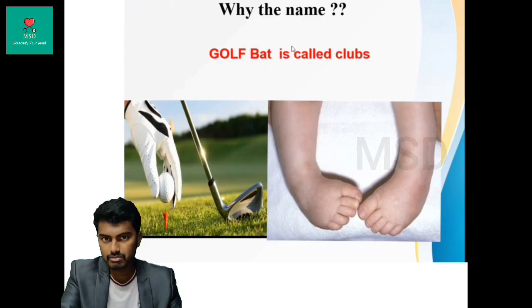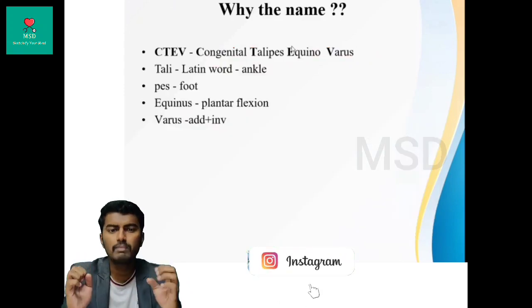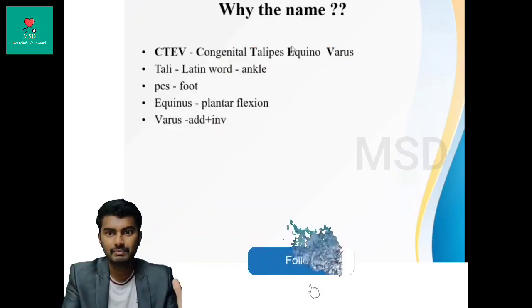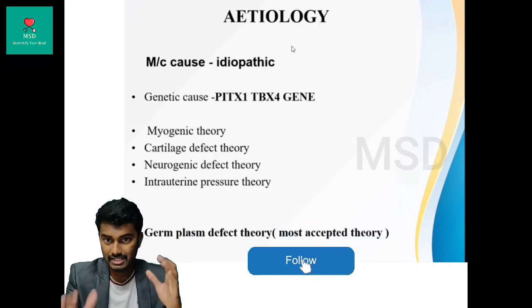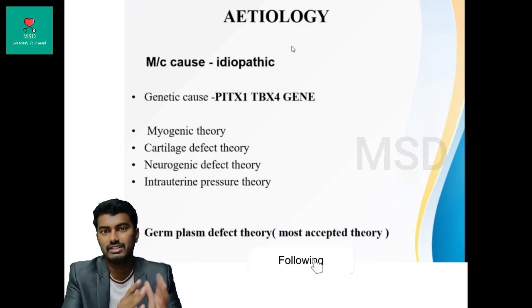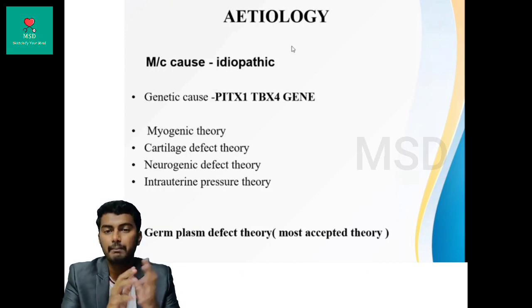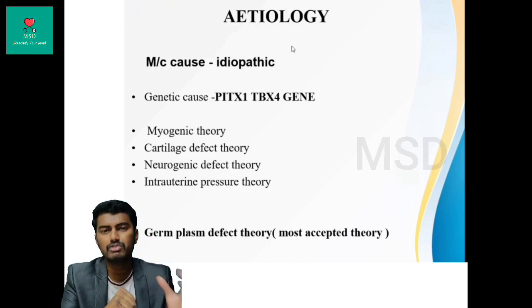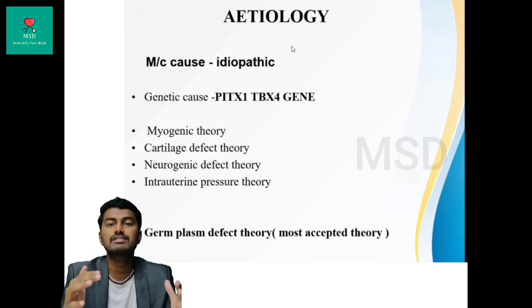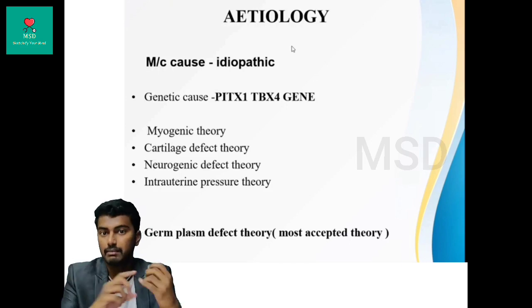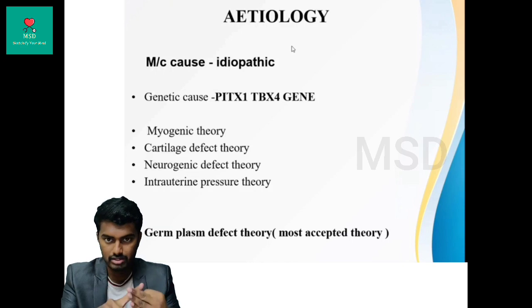So what causes clubfoot? Although the most common cause is idiopathic, you all know the genetic association, which is the most commonly asked MCQ question: the PITX and TBX4 gene. Various theories are put forward to explain clubfoot: the myogenic theory, the neurogenic theory, and the intrauterine pressure theory.